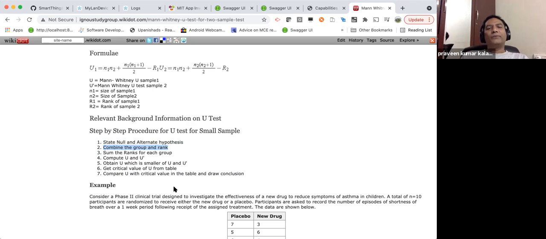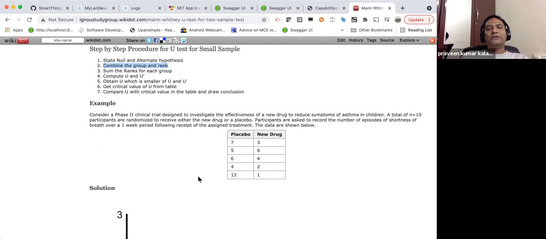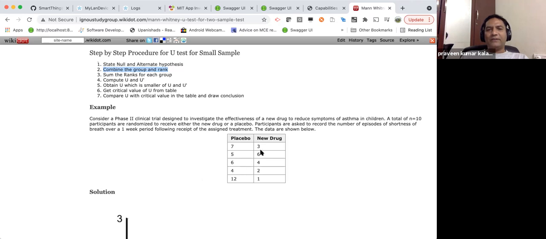Okay. So now how do you actually do this? Let's say I have this particular data where I'm trying to prove the effectiveness of a drug. I'm checking asthma level in children, comparing without the drug and with the drug, and just checking whether there is any improvement in the asthma or not.